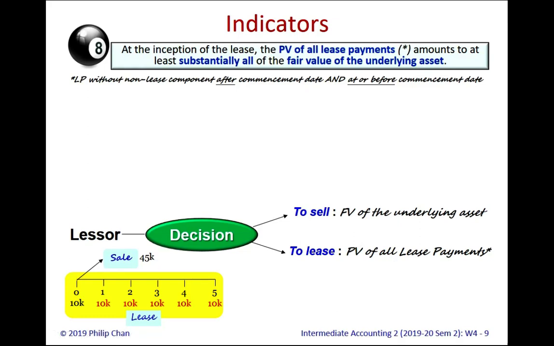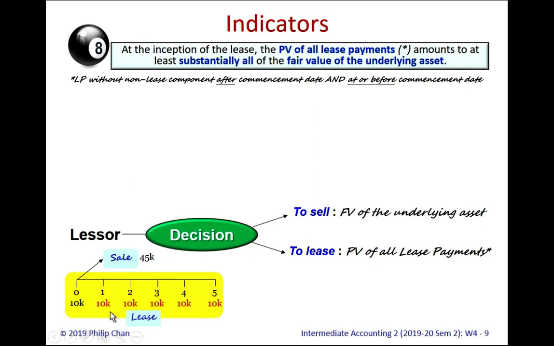So you compare these two. It is a decision the lessor has to make, about whether it wants to sell it or lease it. If the present value of all the lease payments is so close to the same price, then we can say that leasing it and selling it make no difference. That is why we do that comparison.